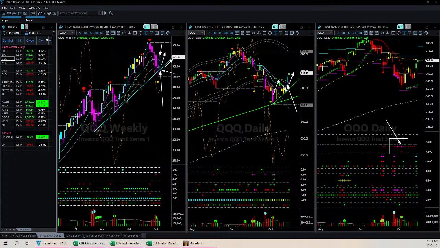It had low thrust and was very close to low jump. The jump signal at the lower end turned red, not magenta but red, and the thrust turned magenta. So it was very oversold.